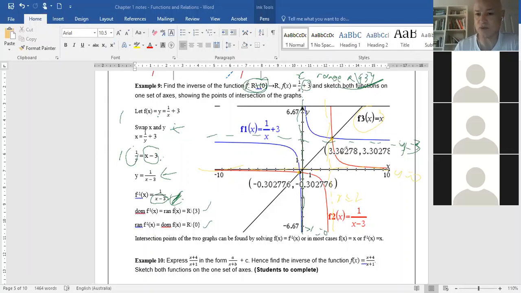It doesn't matter which way we do it: the function, which is the blue one, the red one, and the y equals x all meet at that one point there and at that one point there. Questions at all? Okay, I'll clear it.